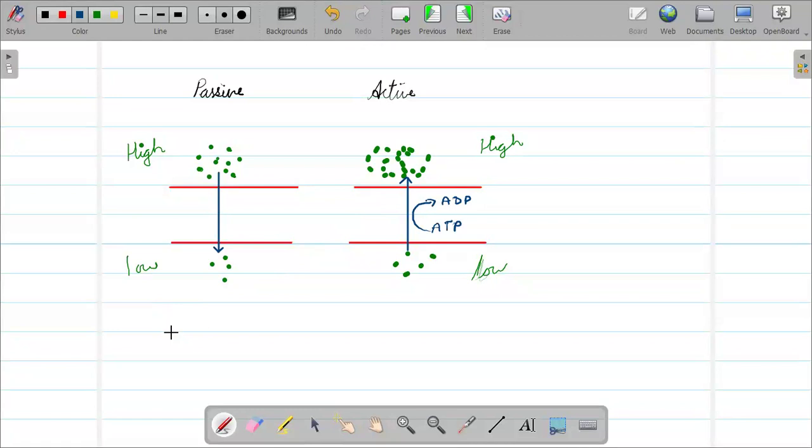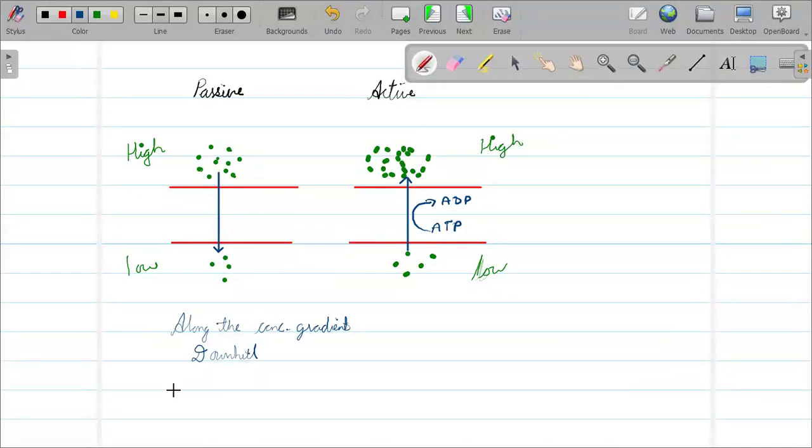Here the molecules are going along the concentration gradient, so it is called downhill movement. Since they're going along the concentration gradient, there's no ATP utilization.